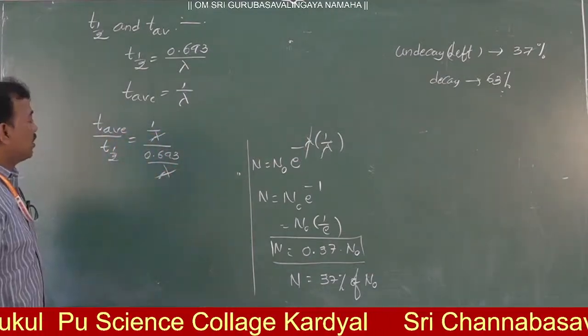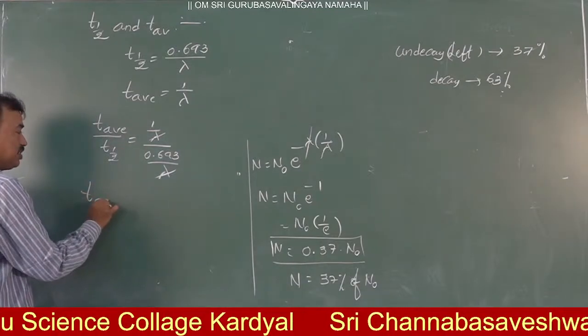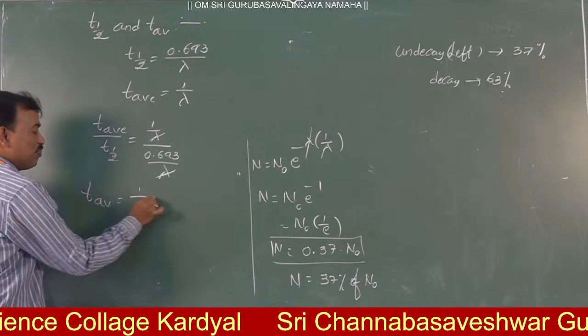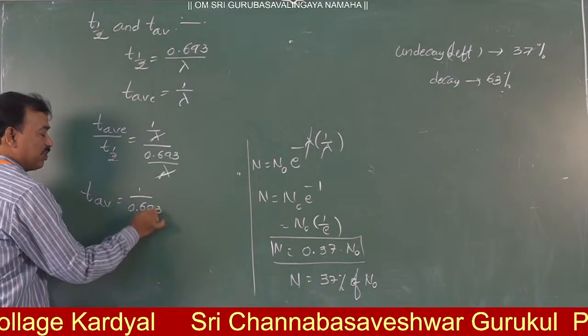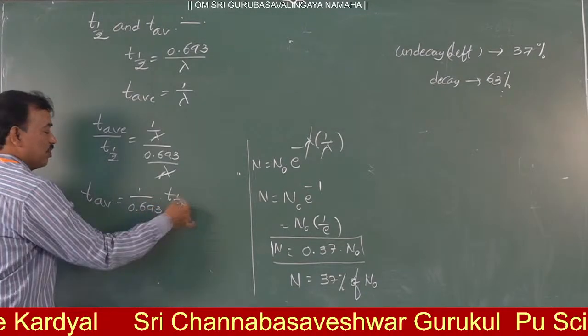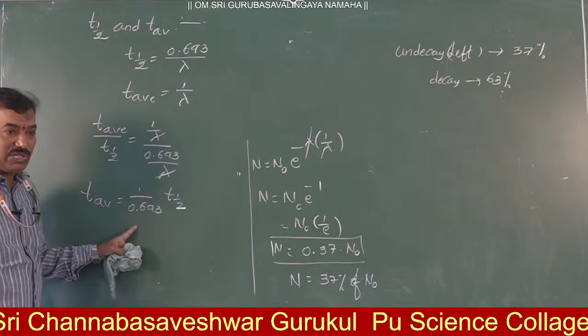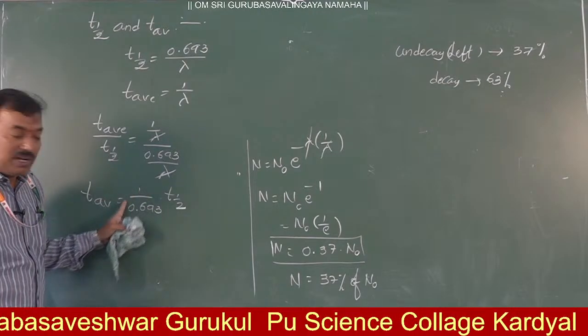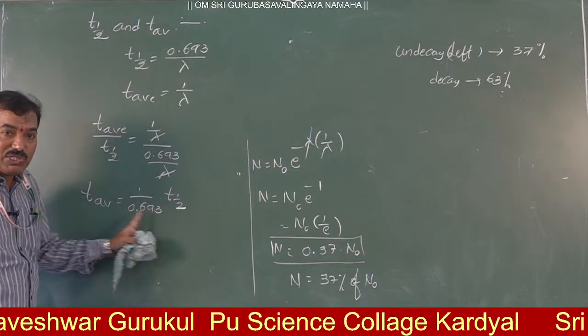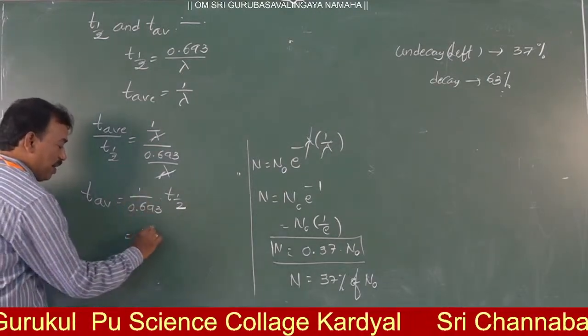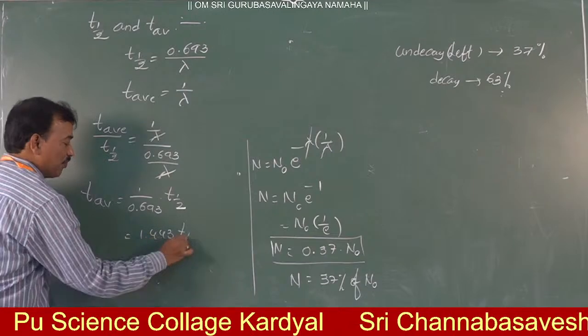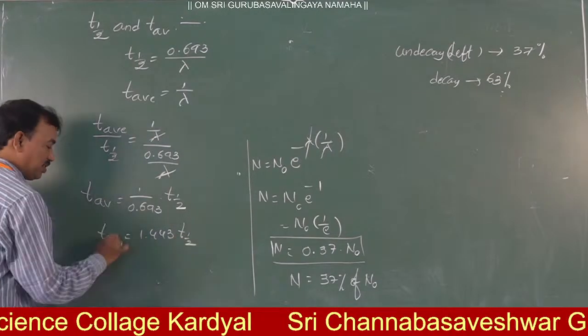So T average is equal to 1 by 0.693 into T half. What is the value of 1 by 0.693? It is 1.443, so T average is equal to 1.443 T half.